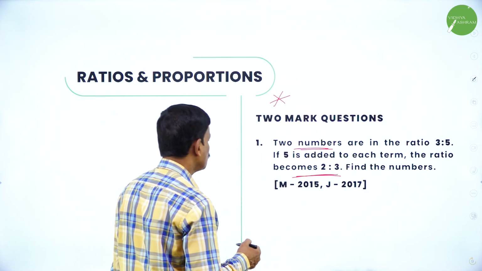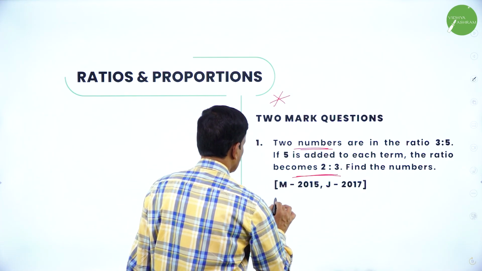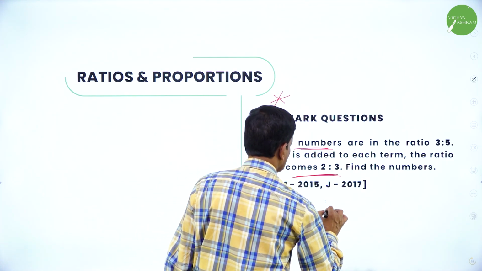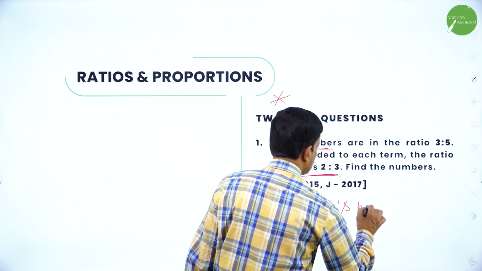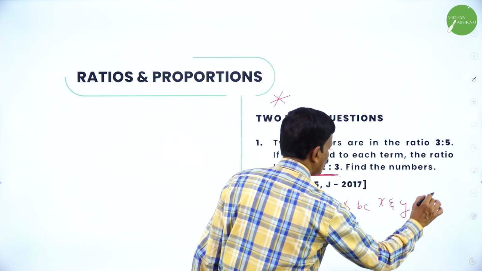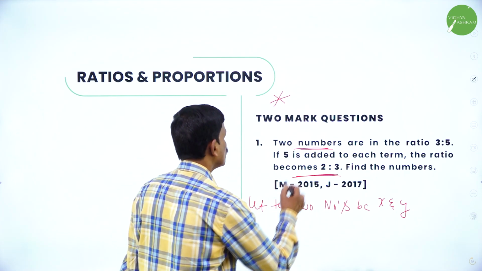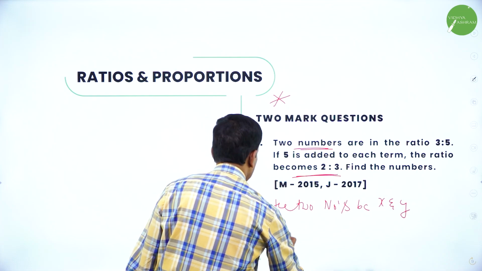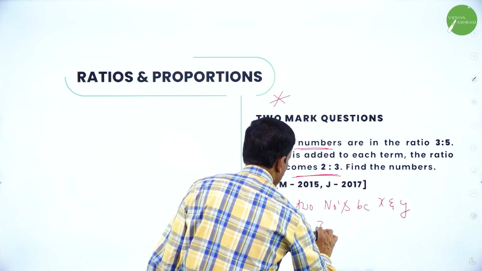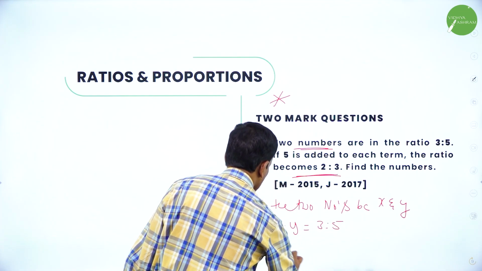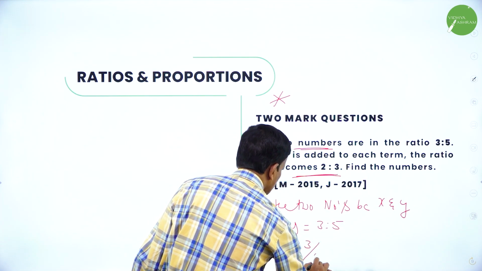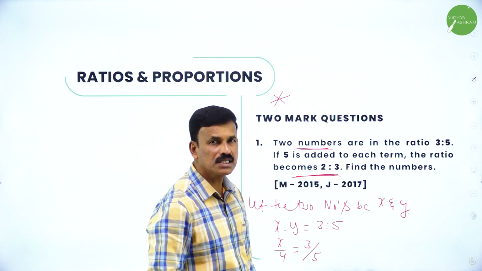Let us consider the 2 numbers. Let the 2 numbers be x and y. Okay. So what is given? The ratio x is to y is equal to 3:5. That is x by y is equal to 3 by 5. Alright. This is given.